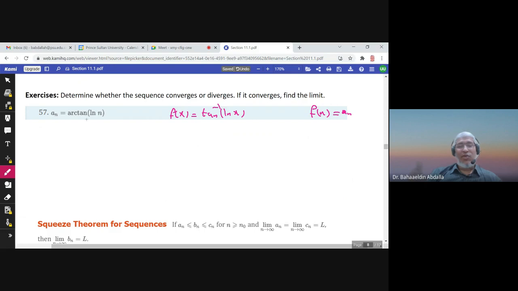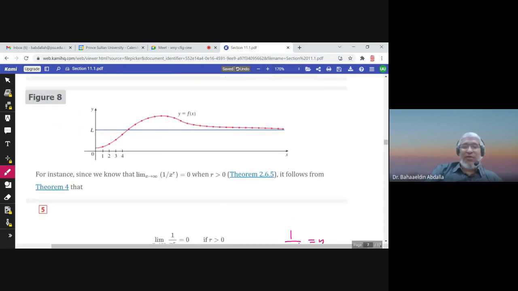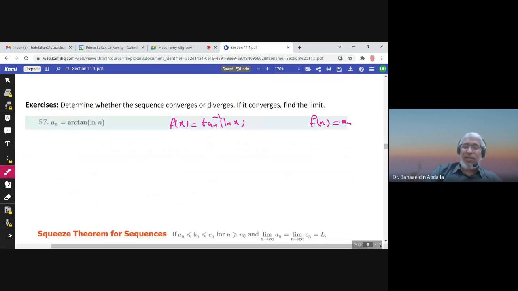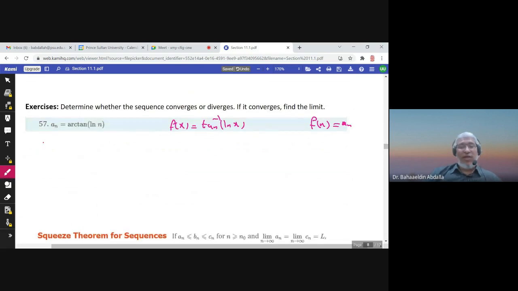I get the sequence a_n, isn't it? So it would be tan inverse ln n. So if you are using the function in which f of n equals a_n, find the limit of the function and it would be the limit of the sequence. So let us find the limit of tan inverse ln x when x goes to infinity.